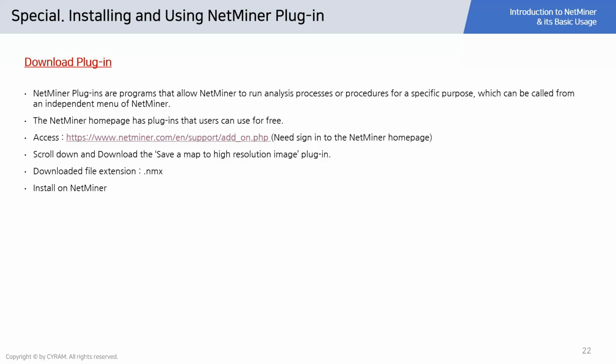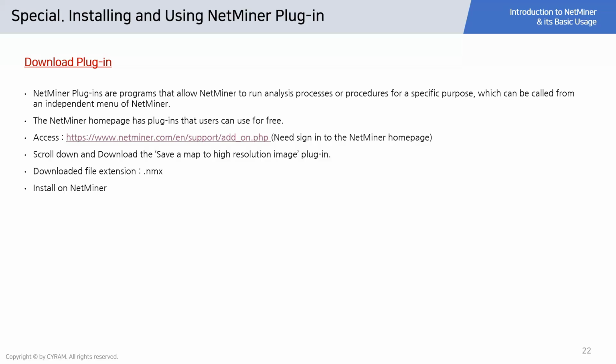Files written as scripts can be converted to an NMX file. NMX files can be attached as an external menu onto NetMiner. In other words, a plugin is a function where we can get an NMX file that someone has made previously and attach it to NetMiner to use as an external menu.